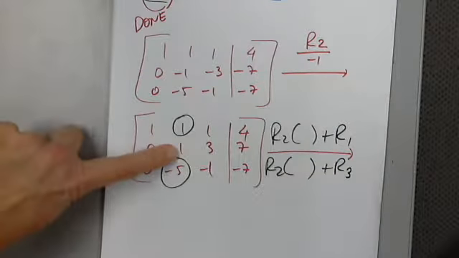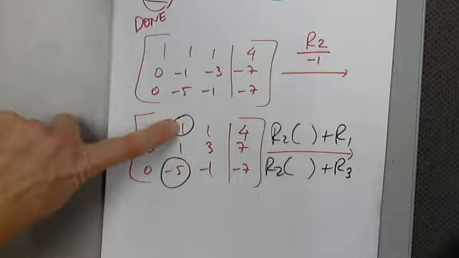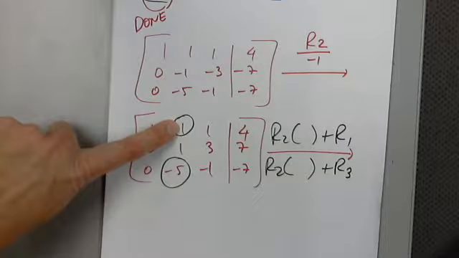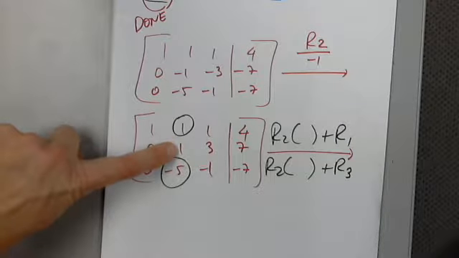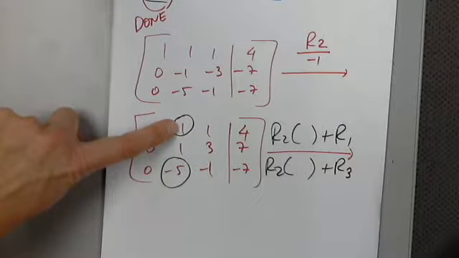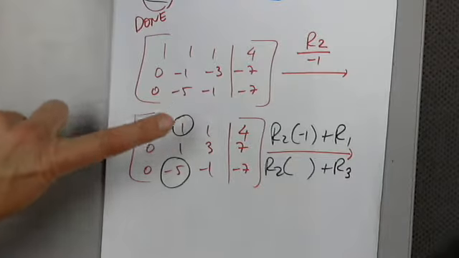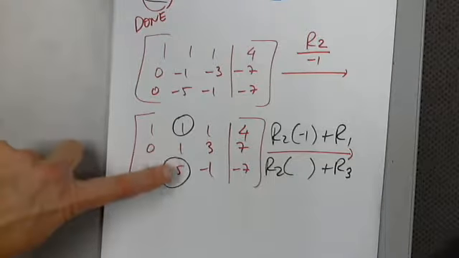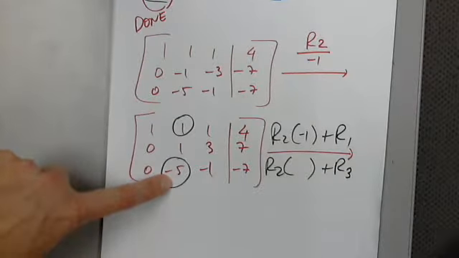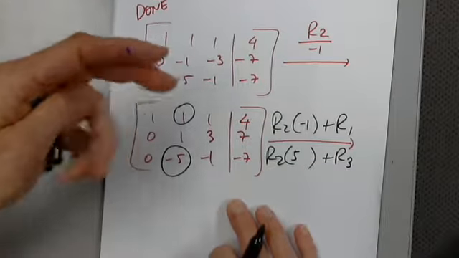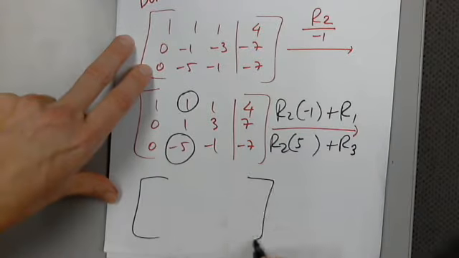What do I multiply 1 by to add it here and get 0? What do I multiply 1 by to add it here and get 0? Of course. What do I multiply 1 by to add it here and get 0? Perfect. Okay, so notice something.